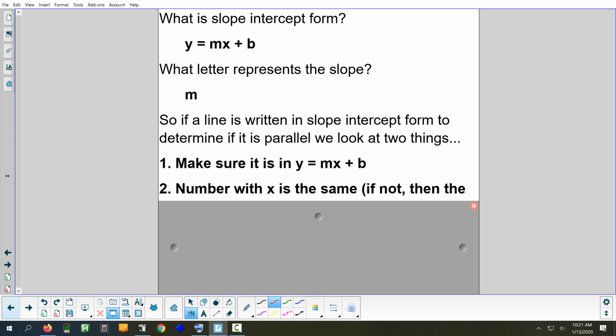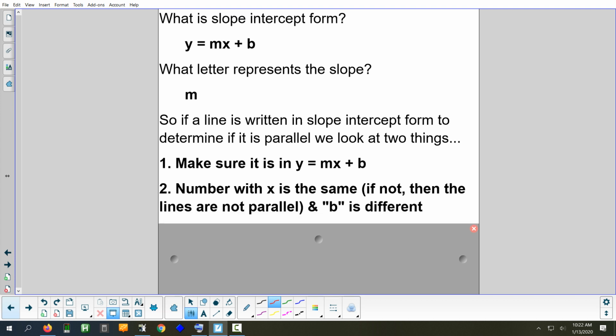Once it's in y equals mx plus b, check that the number with x is the same. That's the slope. If you're comparing 2 of them, check that the number with x is the same in both, and check that the b is different. It's basically what you just wrote down earlier: check for the same slope and different y-intercepts.